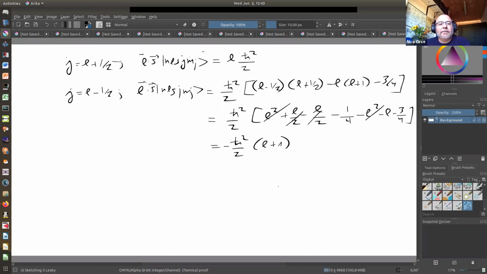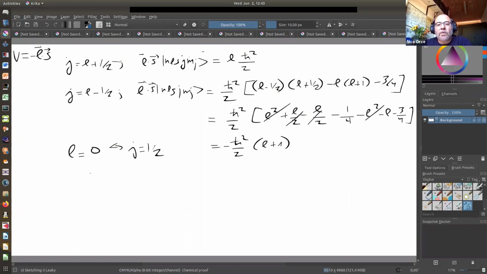As the potential is given by minus l·s, right? So if, let's say, l is equal to 0, there will be only j equal to 1/2.